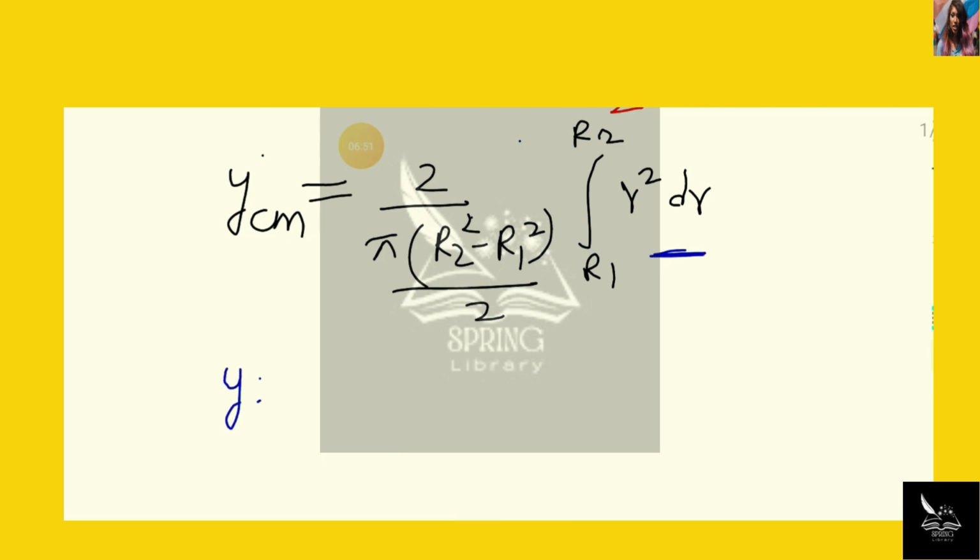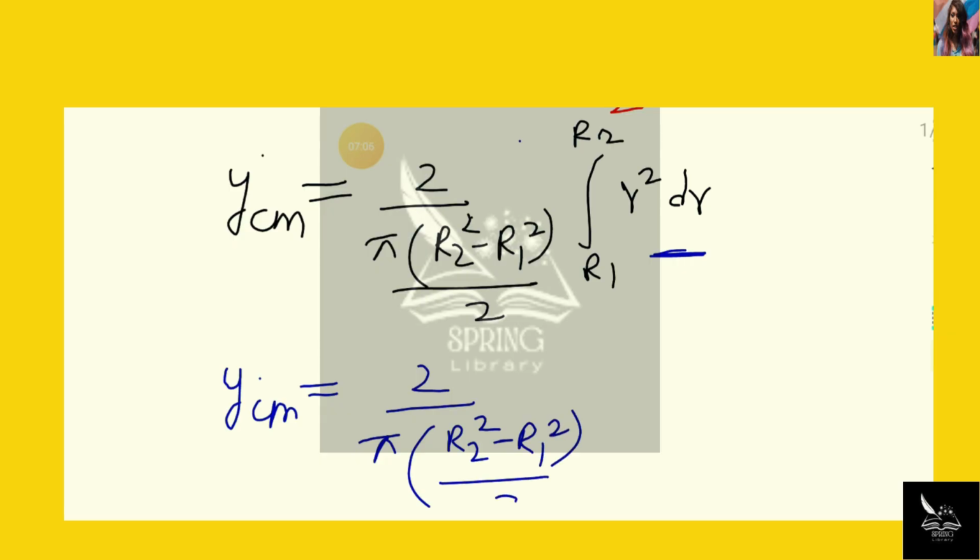After integrating about r, the y coordinate of center of mass, ycm, equals 2 over pi times r2 square minus r1 square over 2, and the integral of r square dr is small r cube over 3.